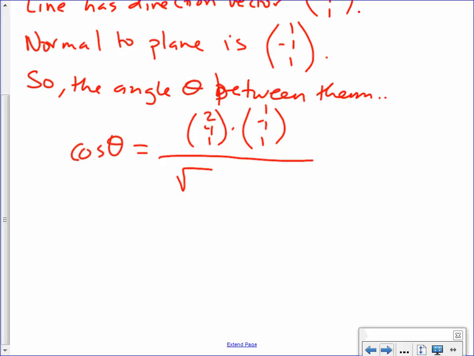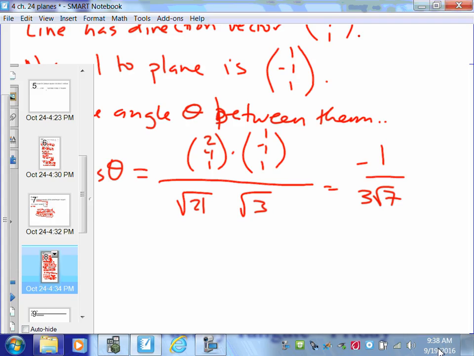Magnitude of 2, 4, 1: 4 plus 16 plus 1, 21. And then the magnitude of 1, -1, 1 is root 3. So it's -1 over 3√7.